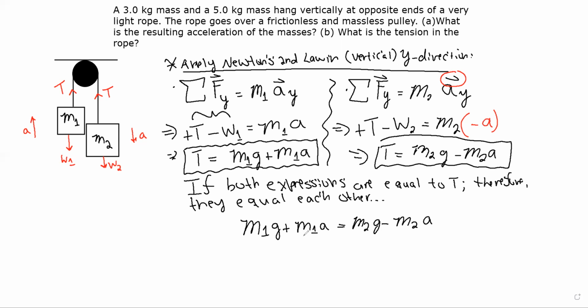Good. I have multiple A's floating around. I have to collect them on the same side. So that would be M1A on the left. And I can also add an M2A.